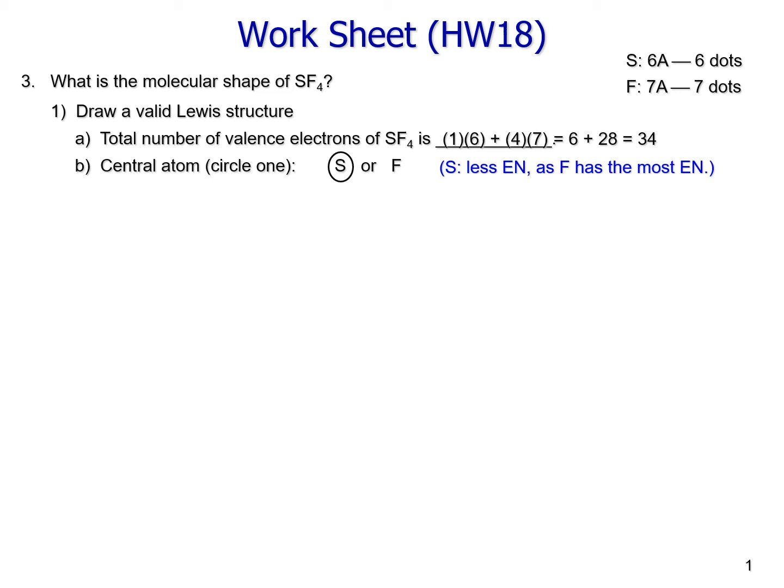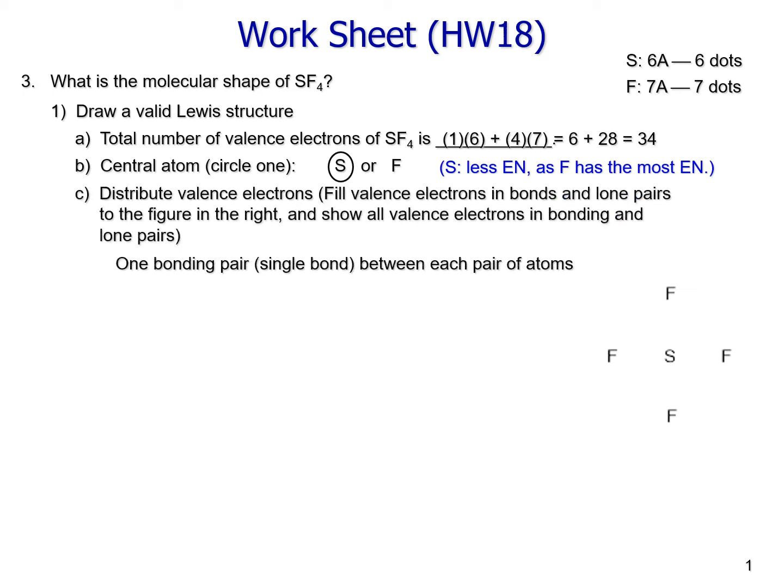SF4 means 4 fluorine atoms, so that is why we can set up sulfur in the center surrounded by the 4 fluorine atoms. Now, our next step is to give electrons back. Remember, we have a total of 34 valence electrons to distribute. As a first step in this part, we're going to form 1 single bond for each pair of atoms.